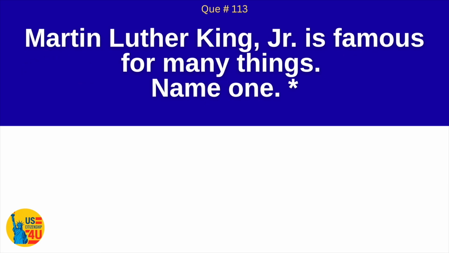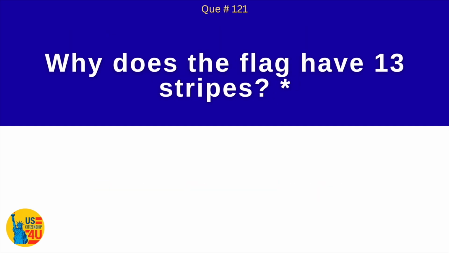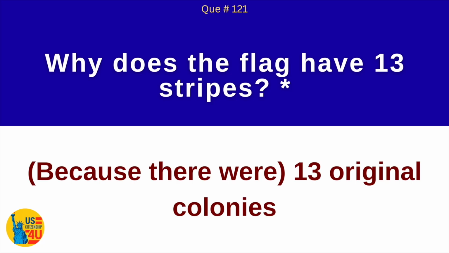Martin Luther King Jr. is famous for many things. Name one. Fought for civil rights. Why does the flag have 13 stripes? Because there were 13 original colonies.